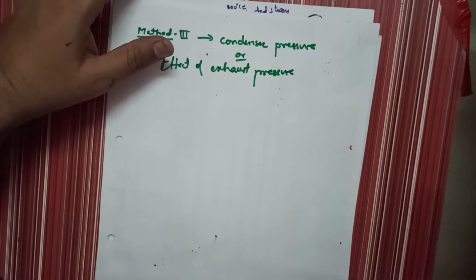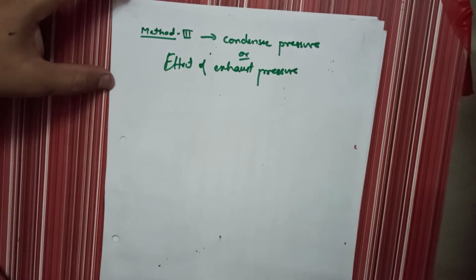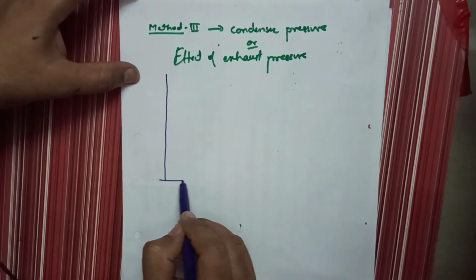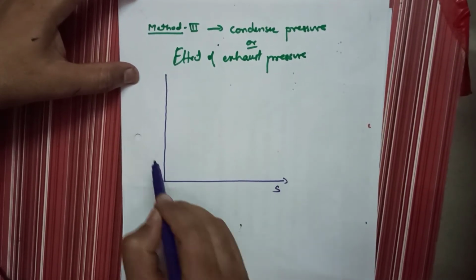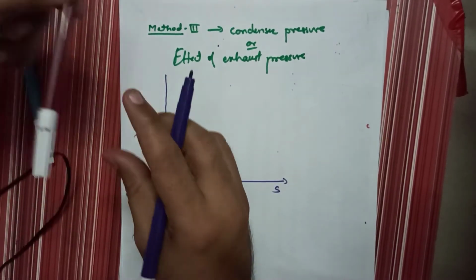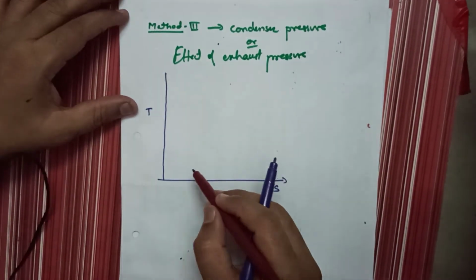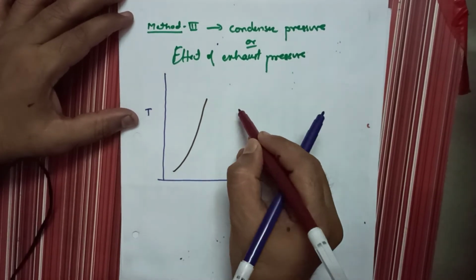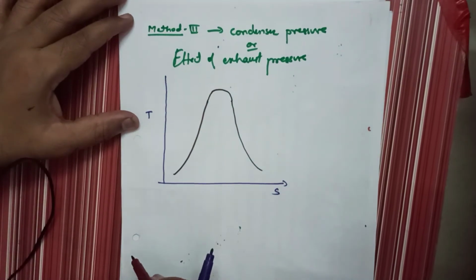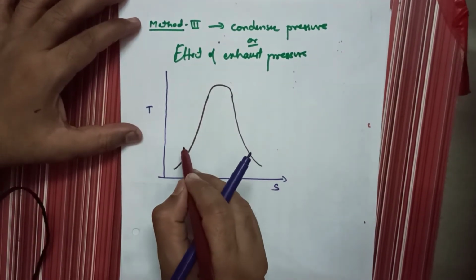Dear students, it is very important, please try to understand carefully. On the TS diagram, I will draw a saturated liquid line, a saturated vapor line, and a dome shaped structure.